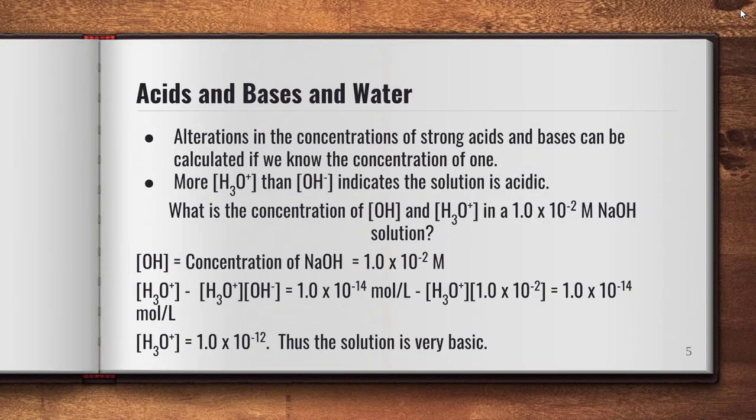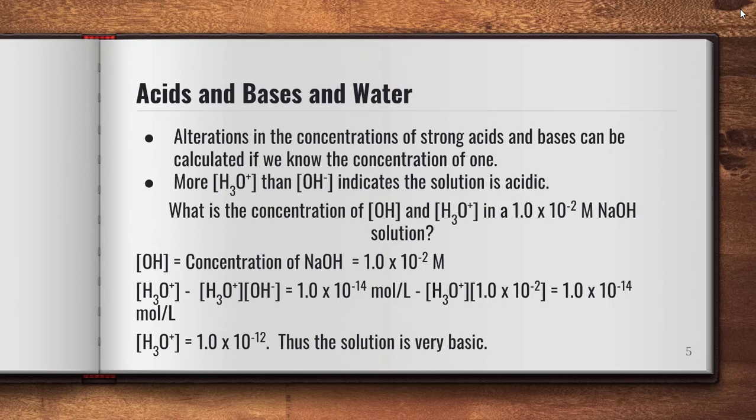So alterations in the concentrations can be calculated if we know the concentration of one. If we have the concentration of one, we can know the concentration of the other. For example, it's asking what is the concentration of OH- and H3O+ in a 1.0 times 10 to the negative second molar NaOH solution. Well, the first thing we need to recognize is that NaOH is a base.